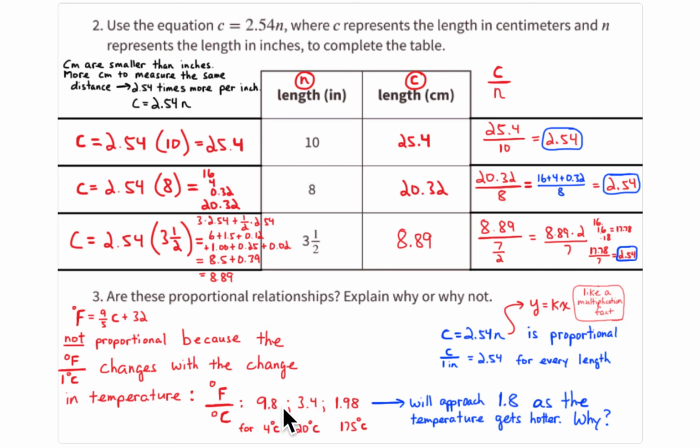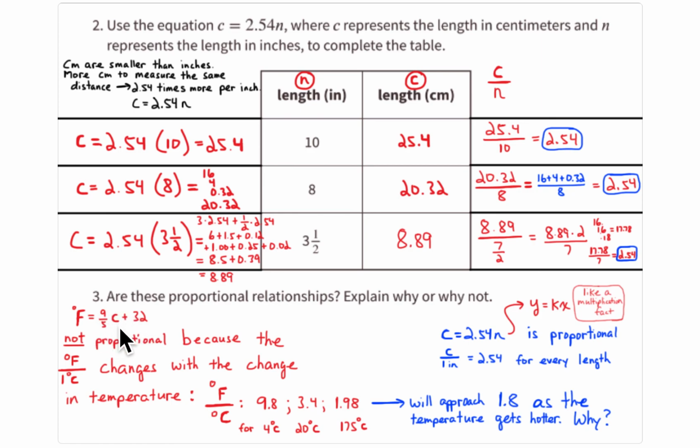So why do you think it approaches this 1 8/10? And so notice, if you got rid of this 32, that's what it would be. The degrees Fahrenheit divided by the degrees Celsius would be that 1 8/10. But what makes it different than that is you're always adding this 32 regardless of this calculation.